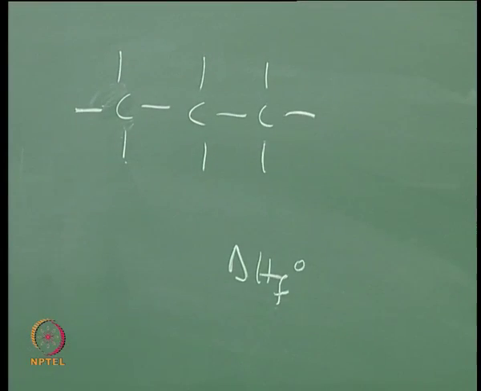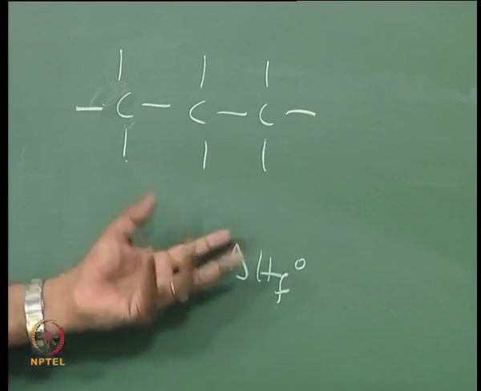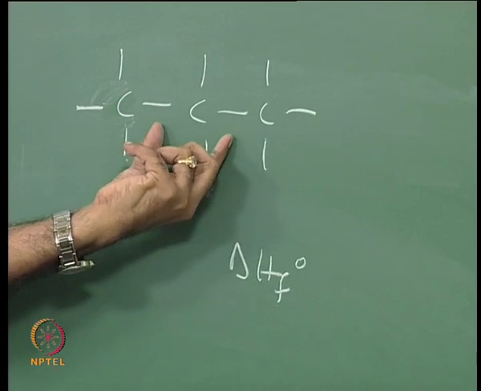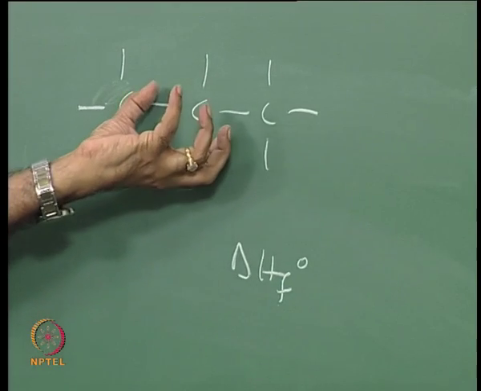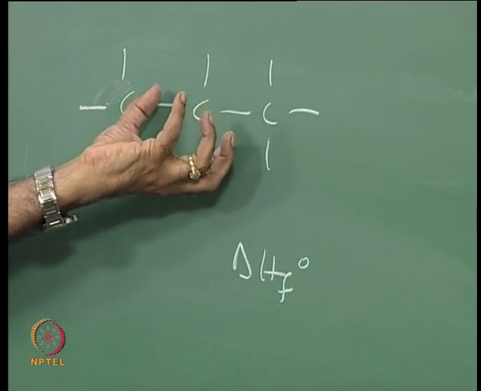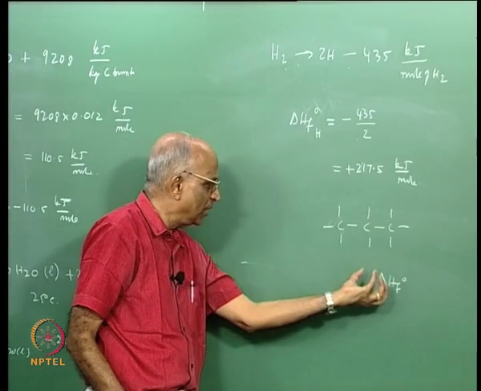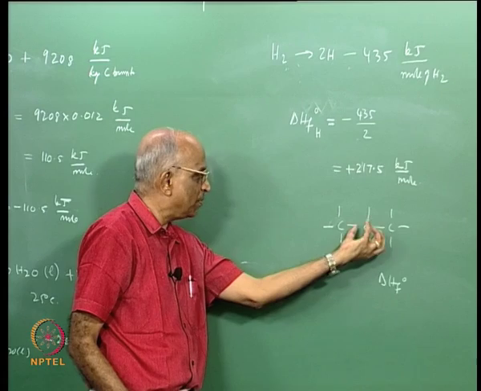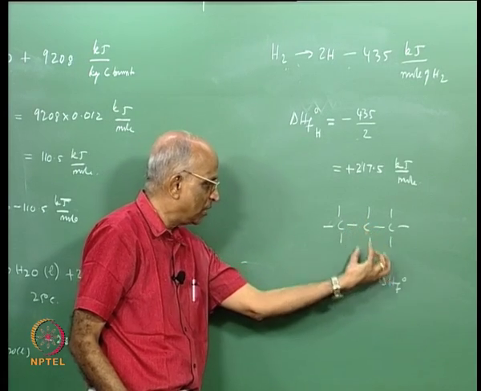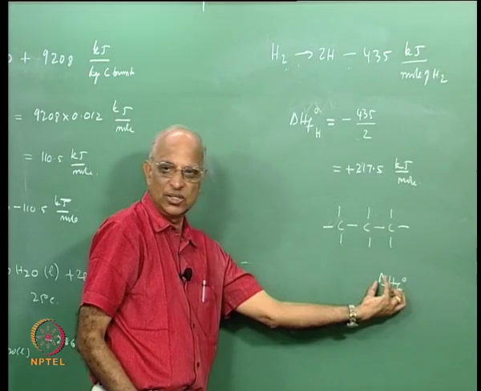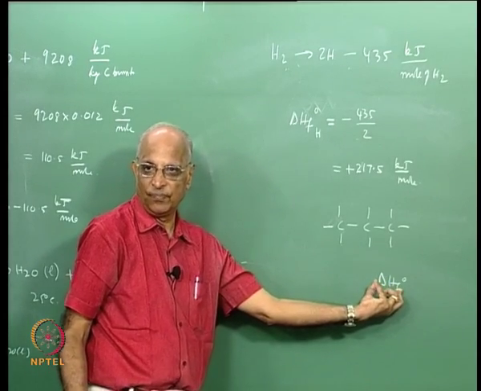But there are some subtle problems which come in. A product or a substance does not only have energy of the bonds, it could have some resonance mode also, it could exist in different forms, and therefore, it could have resonance energy. Therefore, it is necessary to have bond energy plus resonance energy of the substance minus the bond energy of the elements, which will give me this. This is a way of theoretically calculating.